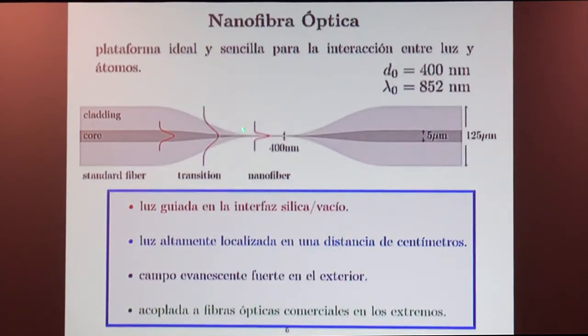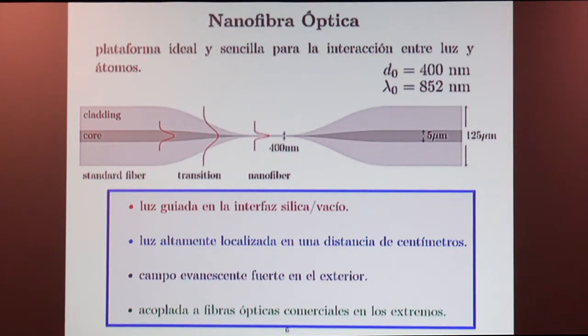And also, in this region, the light is strongly localized, and there's a strong evanescent field that is traveling in this region. So the light is really focalized over a length of centimeters, something that cannot be realized in free space. Okay? And if we are really careful, we can have minimum losses through this system.